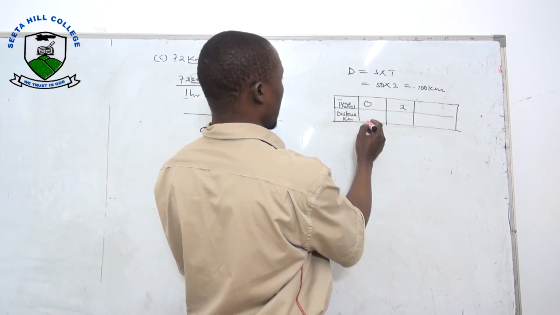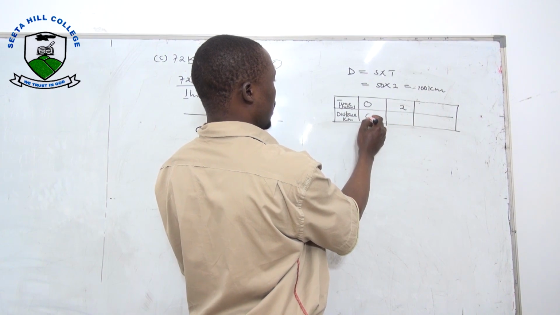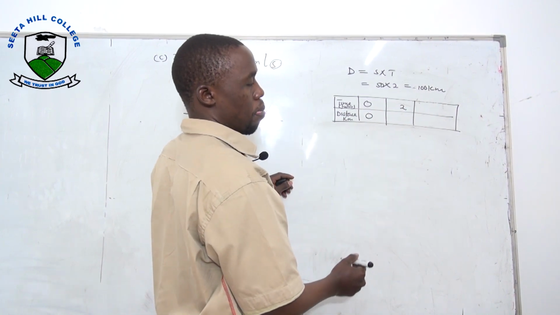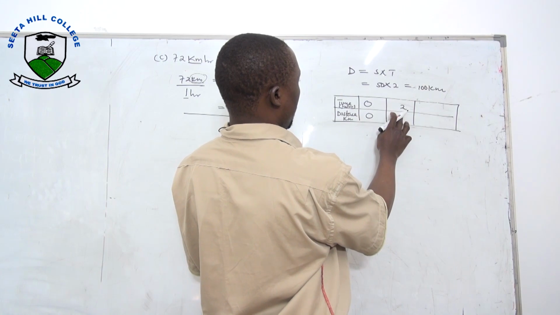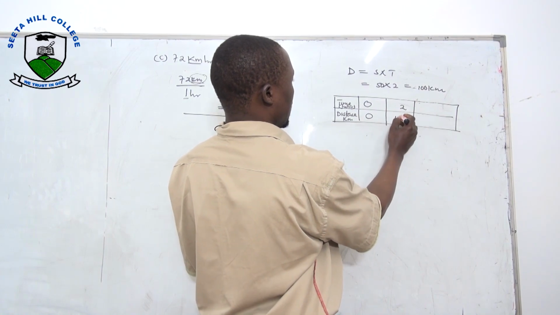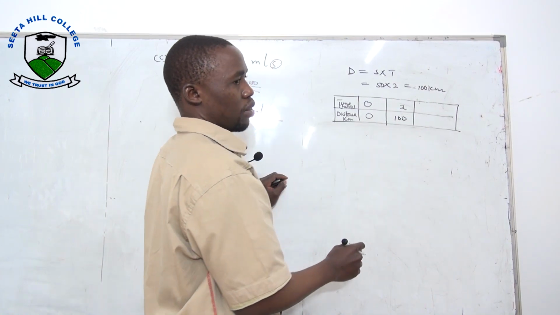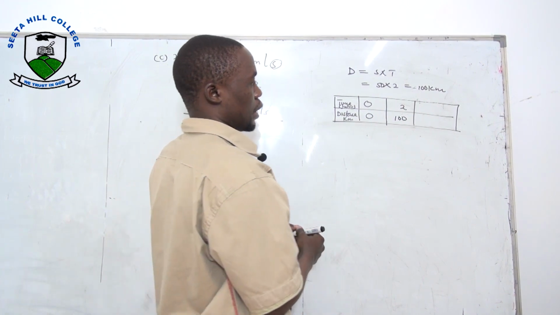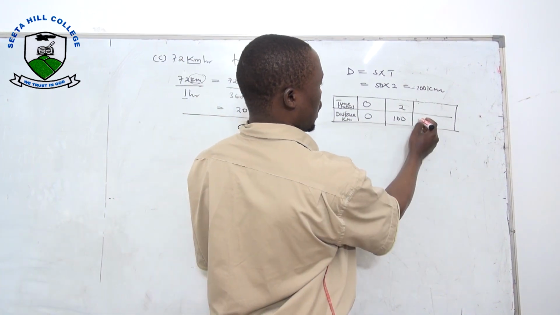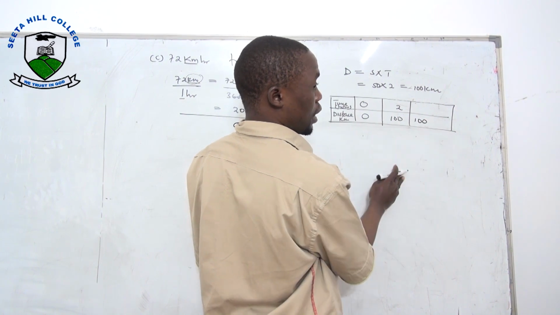That means initially at the start there is no distance, not so? Then after 2 hours he has traveled 100. Then what happens? That entirely means still 100.